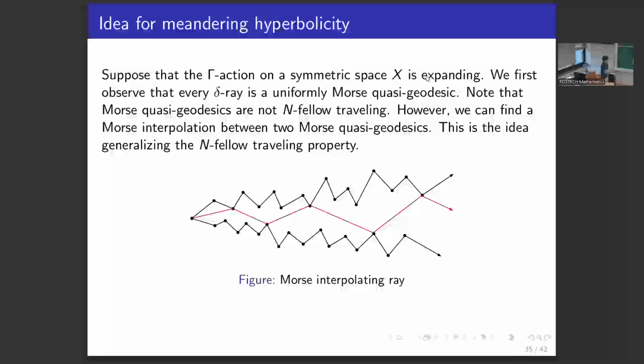Actually, what is this picture? Think of a co-compact lattice action on a higher rank symmetric space. Then the co-compact action is expanding. You can prove this easily because with a co-compact action on the higher rank symmetric space, you can get a sequence of compact sets toward some boundary point.